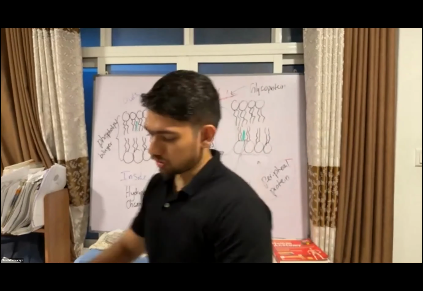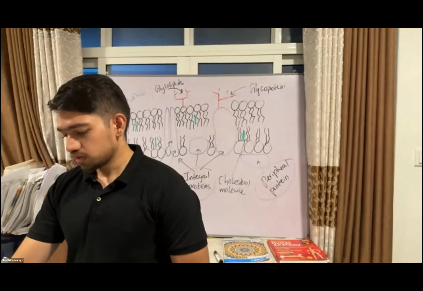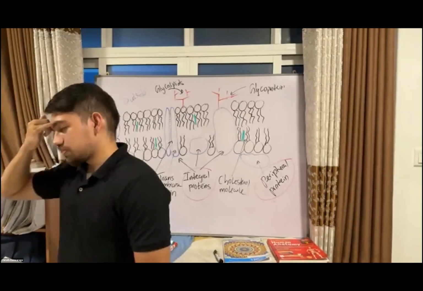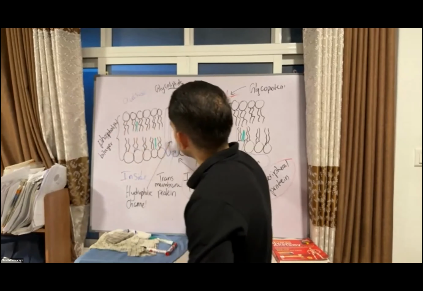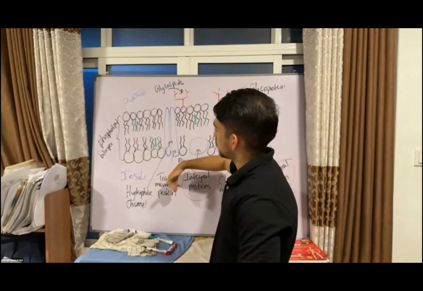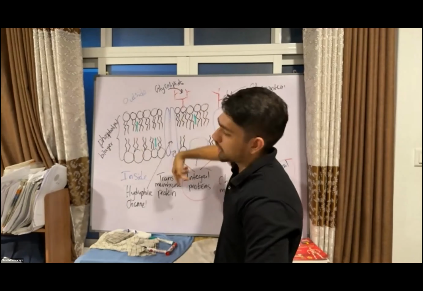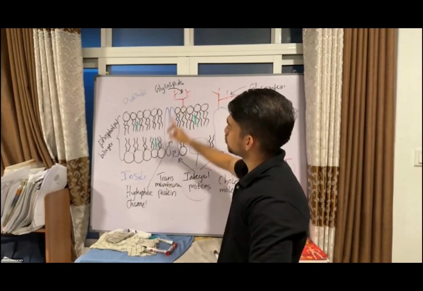Right? Selectively permeable. There are different types of transporters, right? There can be ion transporters, right? There can be things that can freely come across. So it's a gate, but you don't need to pay anything. You don't need to pay a fee to come into the cell or go outside.